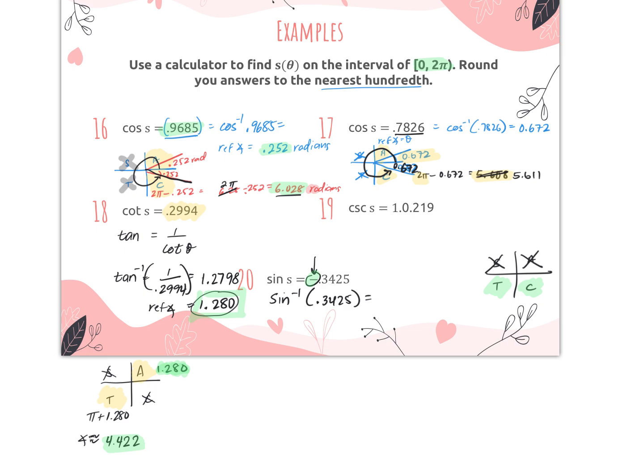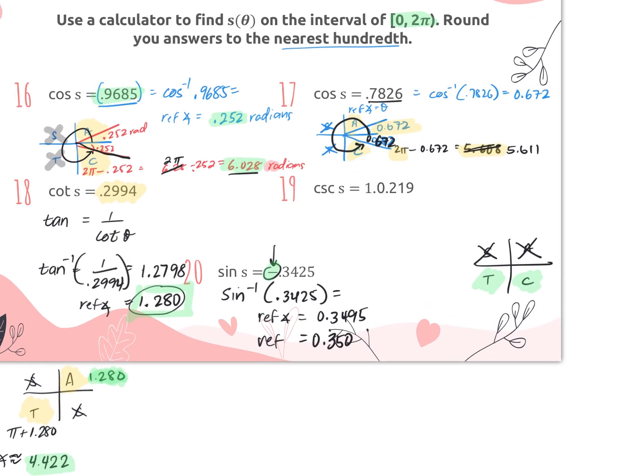So I'm going to do 0.3425, take the inverse sine, and I get my reference angle, which is 0.3495, which means 0.350. So my reference angle is basically 0.35.